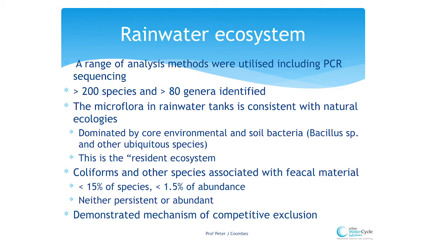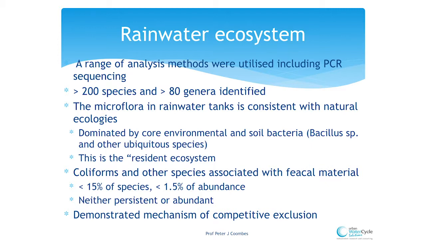So the tanks are dominated by core environmental and soil bacteria. That's the resident ecosystem. Coliforms and other species associated with fecal contamination are only a very low number of what we've found in our national rainwater surveys. It's 15% of the total number of species, and we found over 200 species, but it's less than 1.5% of the abundance, of the number.